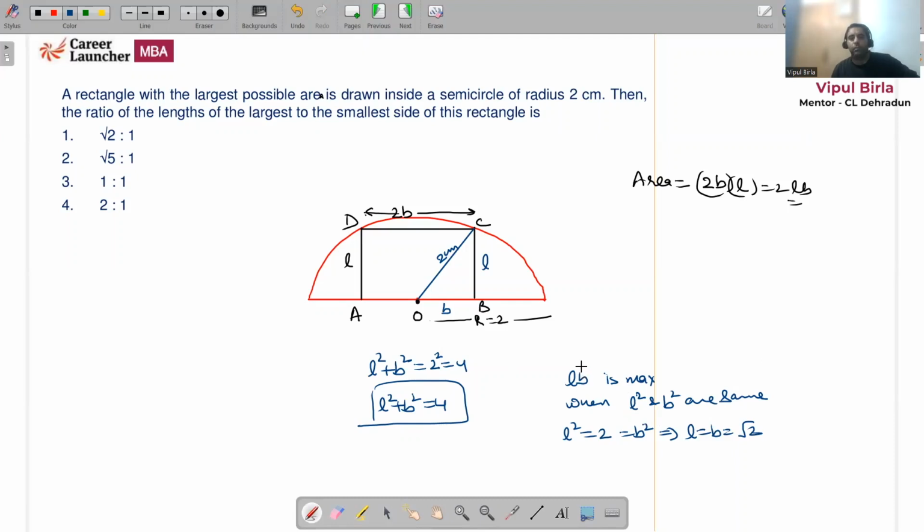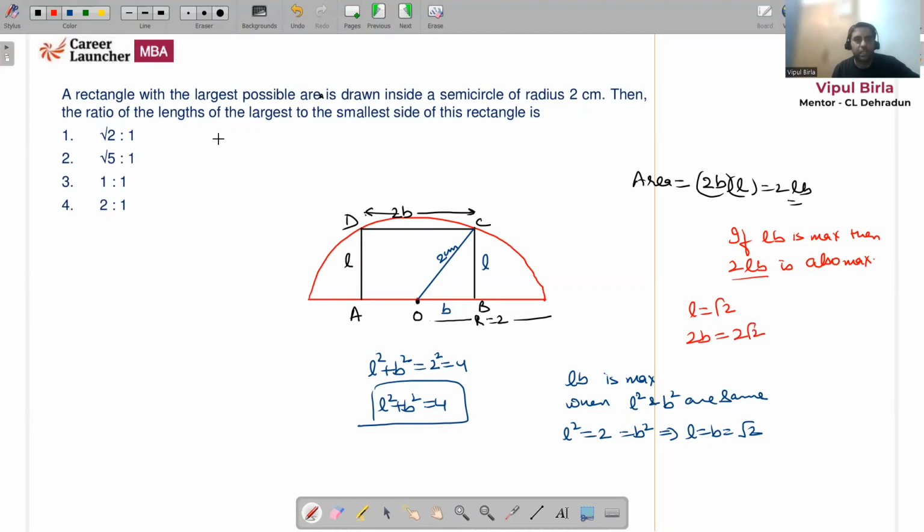Now, if LB is maximum, then twice of this is also maximum. So for maximum LB, length is root 2 and breadth of this is DC, which is 2B, which is coming out to be nothing but 2 root 2.